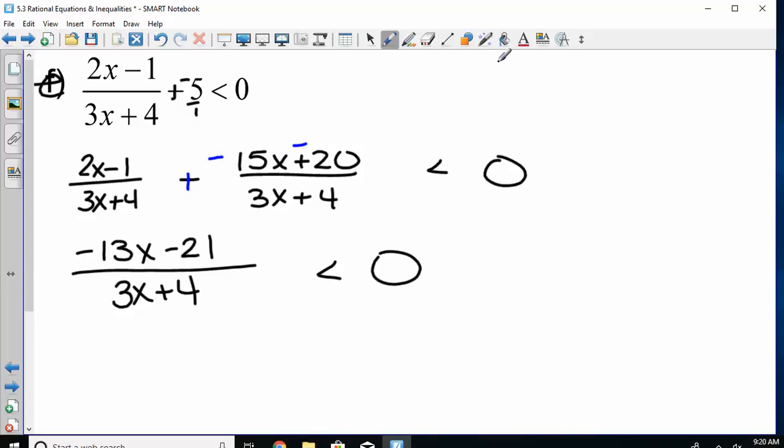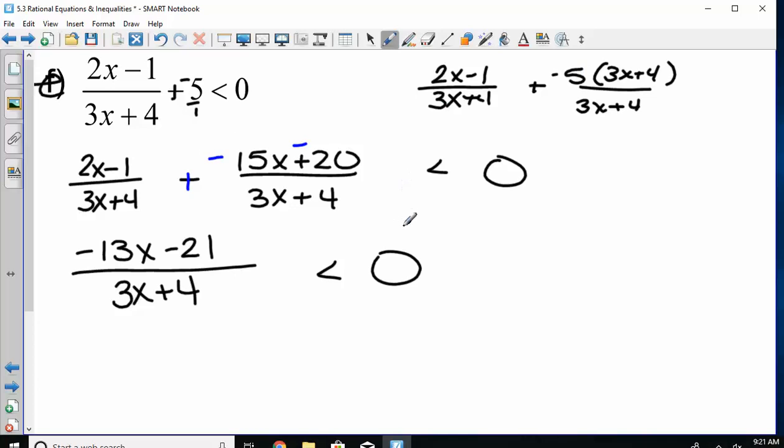So we multiplied by 3x plus 4 on top and bottom, right? If you multiplied your negative 5 through and got negative 15 minus 20, then this negative is already gone. I just distributed a positive 5, which is why I had to come back and write my negative through afterwards.